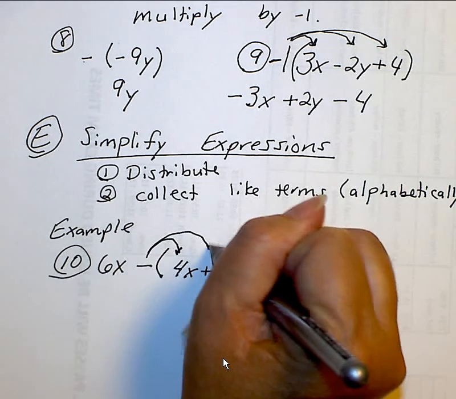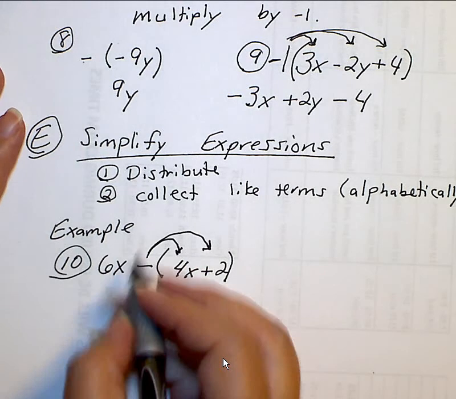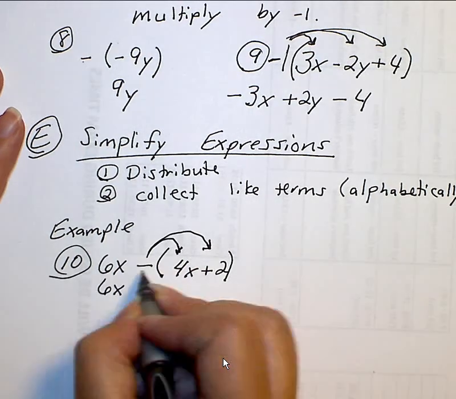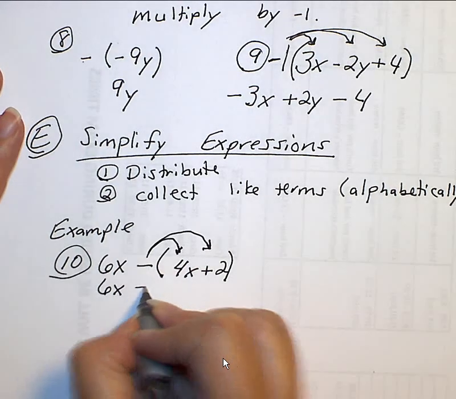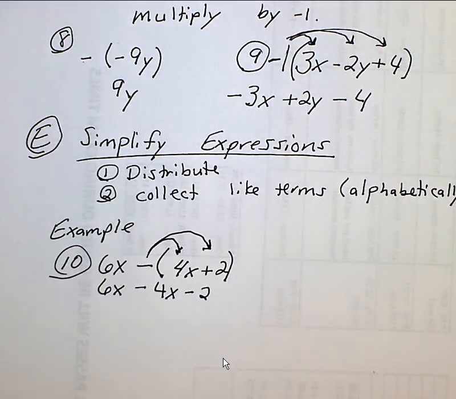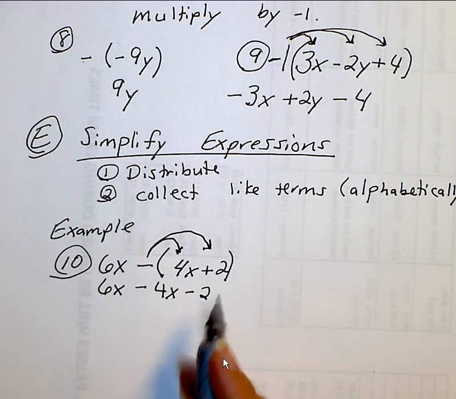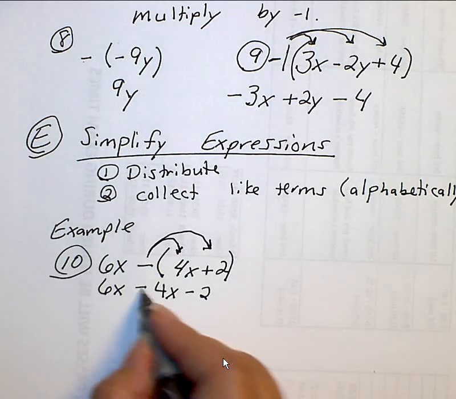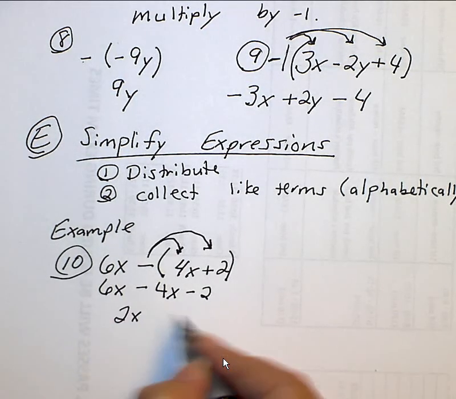So that means that I'm going to bring down that 6x, and I'm going to distribute that negative. So I have a negative 4x and minus 2. And then when we simplify, we want to collect like terms. So you have 6x minus 4x gives me a 2x, and a minus 2 is right.